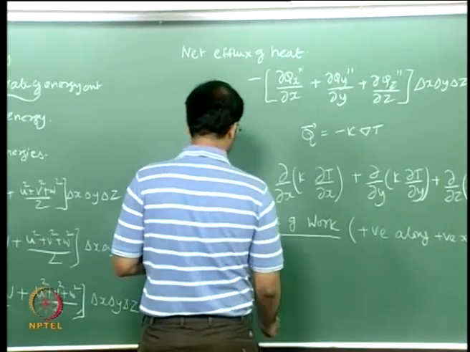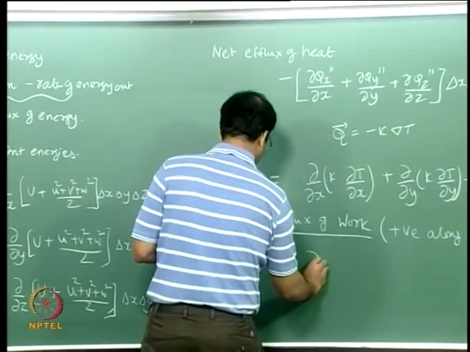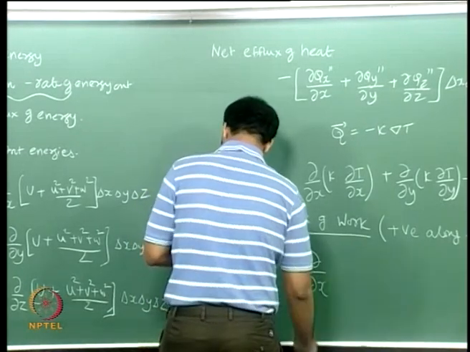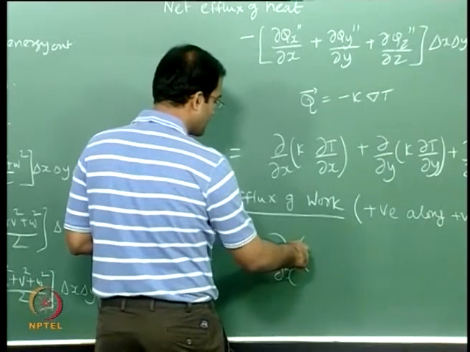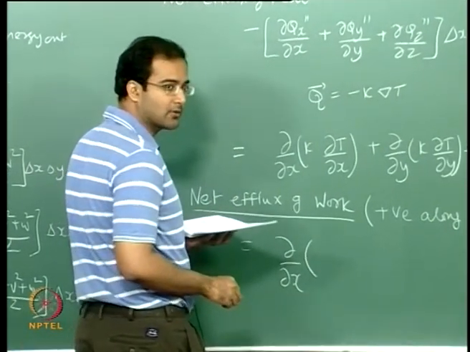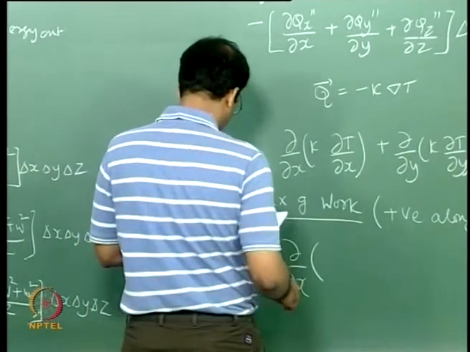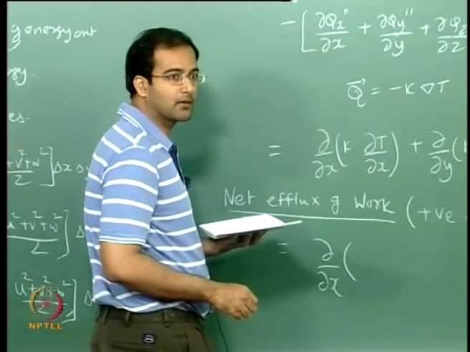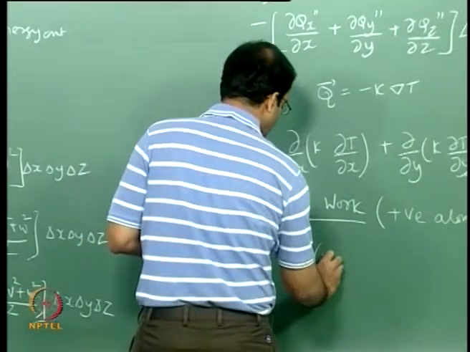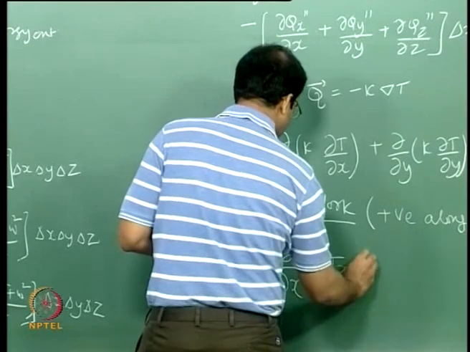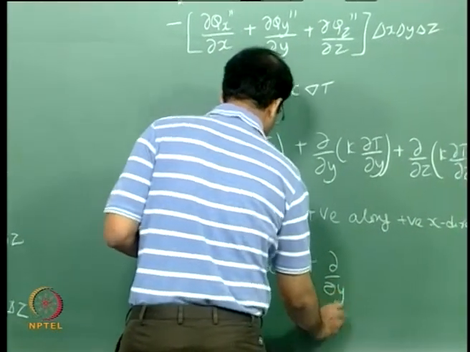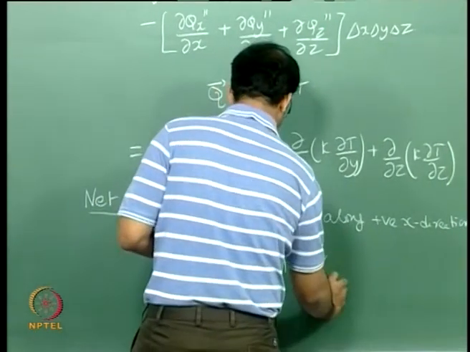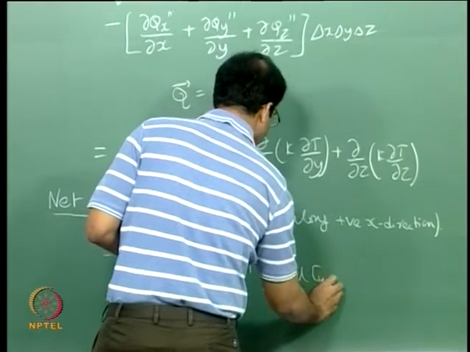So this should look like this, d by dx. From the x momentum equation you have d sigma xx by dx, so I am multiplying by the corresponding velocity in that particular direction. So u sigma xx, right? You can verify that from your momentum equation expression. Then u tau yx.